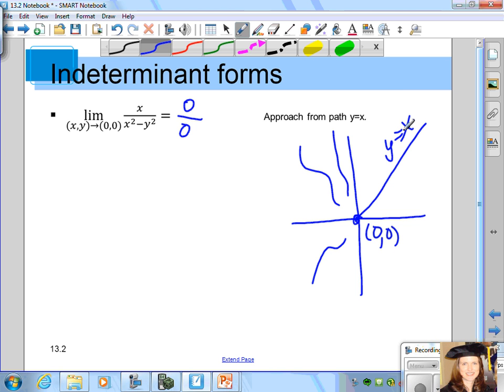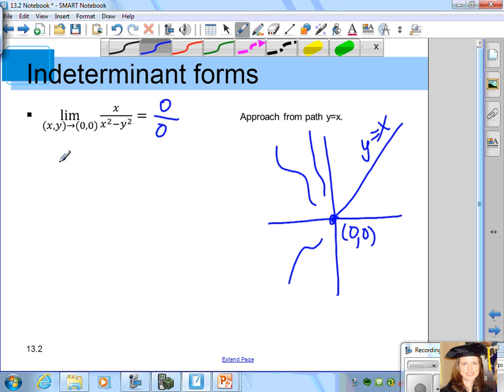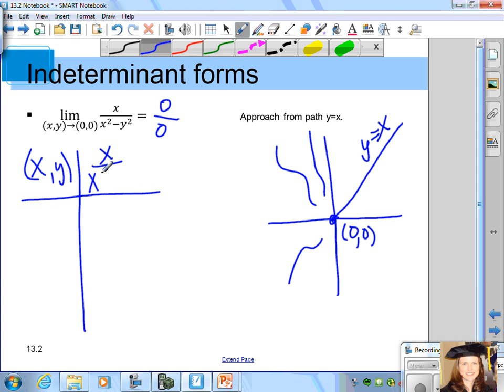This can then be simplified. We can look at this numerically, looking at a table of values, plugging in points, and examining what happens to the value of x over x squared minus y squared as you get closer and closer to the point (0, 0). We can start off at the point (1, 1).